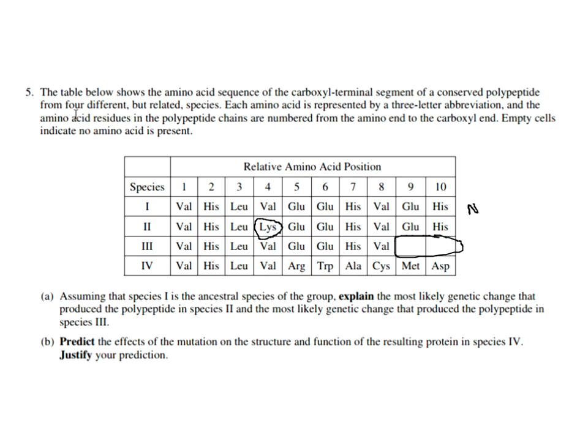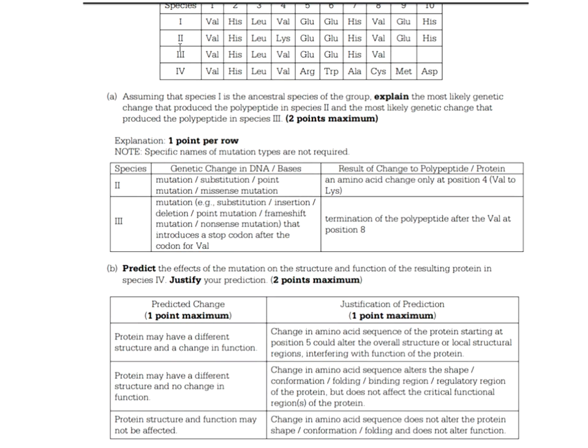What's the most likely genetic change that produced the polypeptide in each of these? So best guess here would be that we have some kind of mutation taking place in both of these. Okay? So let's take a look at our answer for A. So for species 2, a correct answer for the change would be mutation would be acceptable.